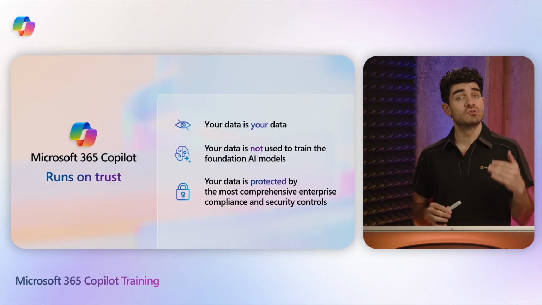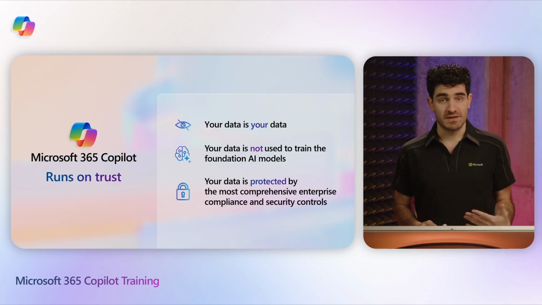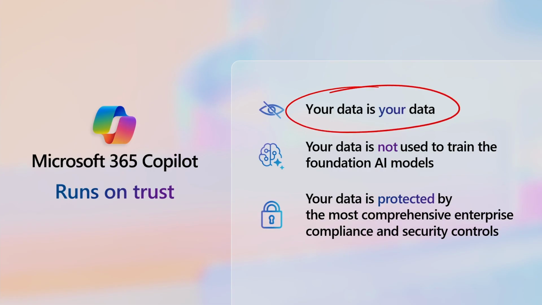As I mentioned, Copilot has access to a wide array of company data, including sensitive information and confidential projects. It's crucial to emphasize that Microsoft 365 Copilot runs on trust, the trust that you and your organization place in us at Microsoft. The data that you provide to Copilot is your data.